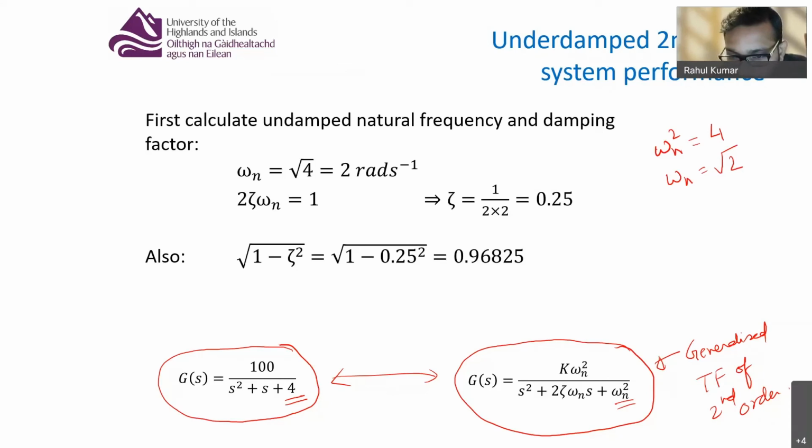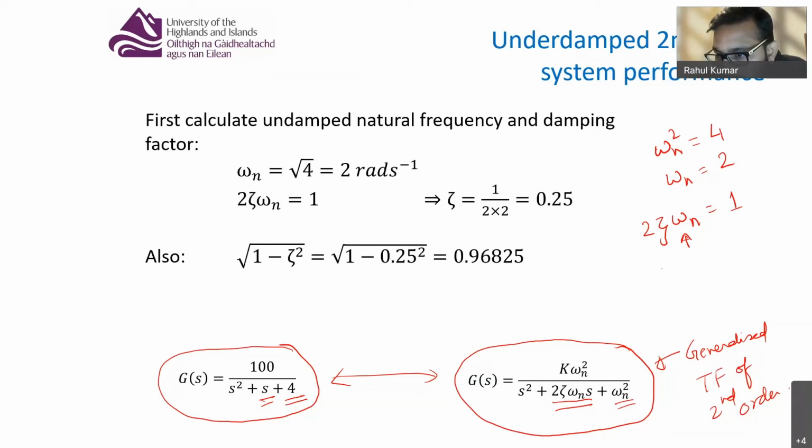Now if I compare the second term in the denominator, 2 zeta omega n will be equal to 1. We already know the value of omega n, it is 2.